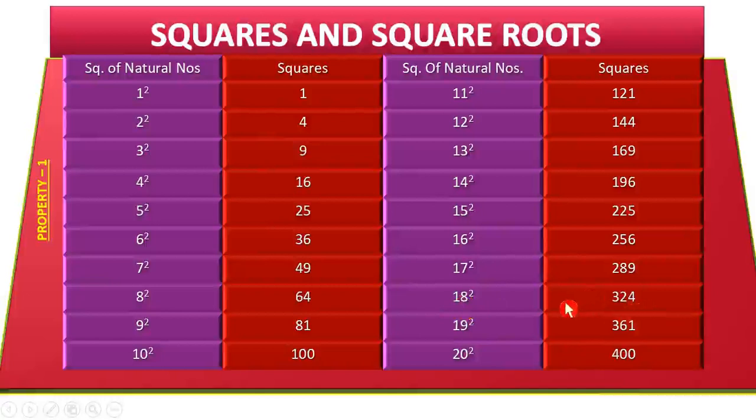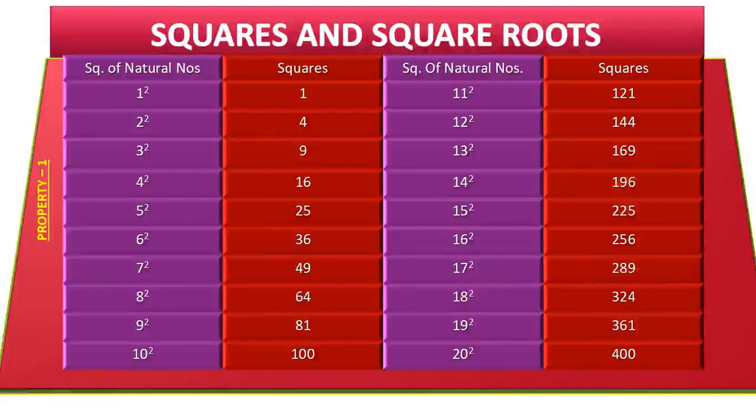Another one I can say to you: if a number has 3 or 7 in units place, like 13 square and 17 square, then its square ends with 9 always.